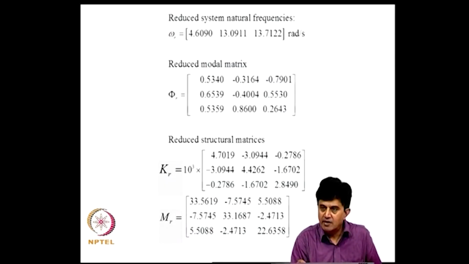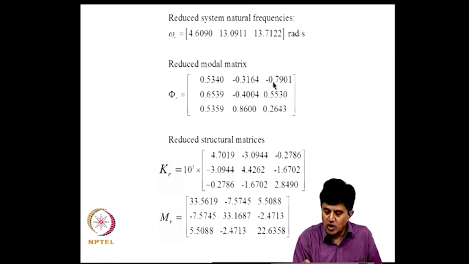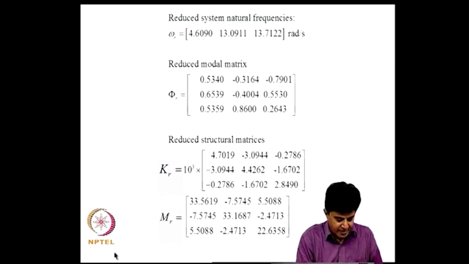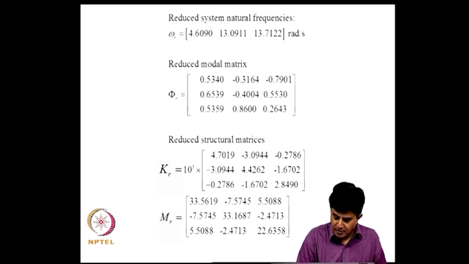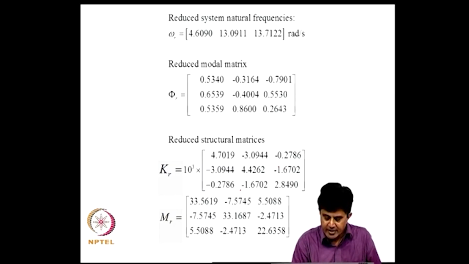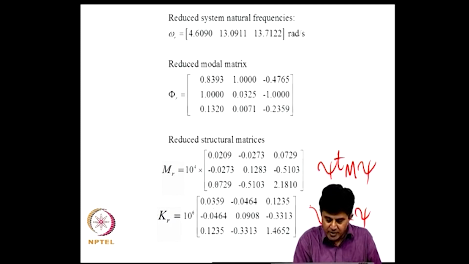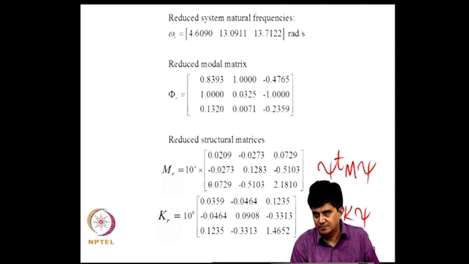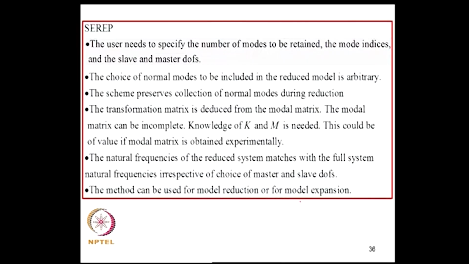Again I perform the eigenvalue analysis, no surprises, the first 3 natural frequencies exactly match. The reduced modal matrix is of course different, and the reduced structural matrices are obtained here. The interesting thing is that this pair of Kr and Mr and that pair of Kr and Mr, although they are different, share the same eigenvalues. That is the achievement of this method.